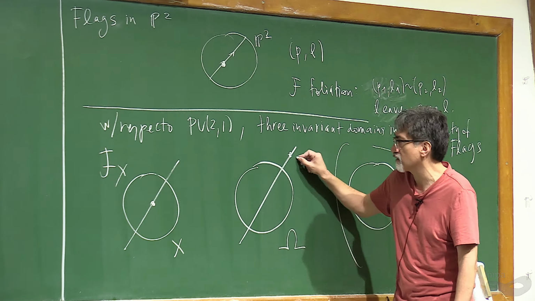And now, as I did before, I will leave that drawing so you know what X and Ω are. Now I can consider Γ, a co-compact lattice.